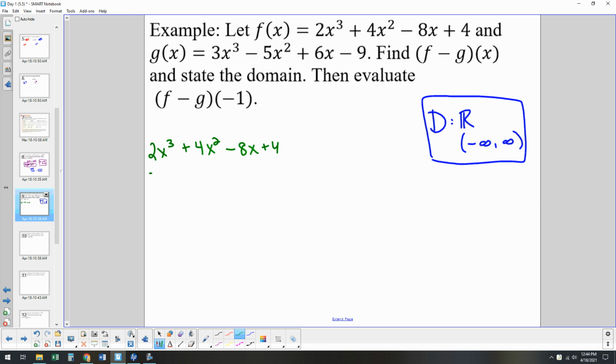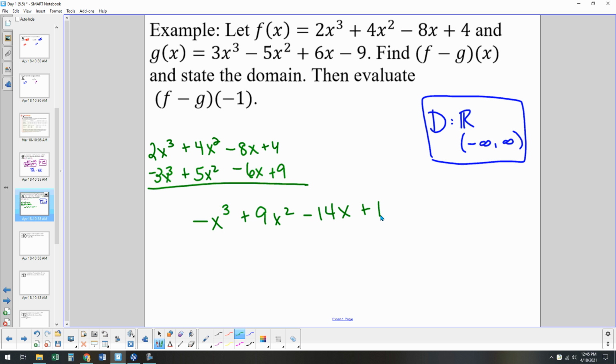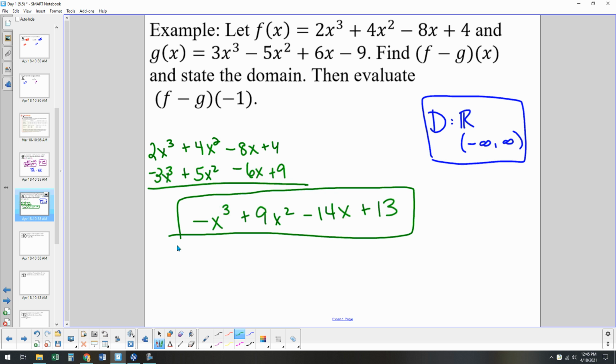So that's negative 3x to the third. Subtract negative 5x squared, so plus 5x squared minus 6x plus 9. So if I line it up like this, it's kind of easy to see that we're going to get negative x to the third plus 9x squared minus 14x plus 13. So that's f minus g of x.